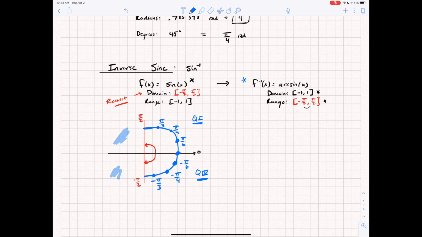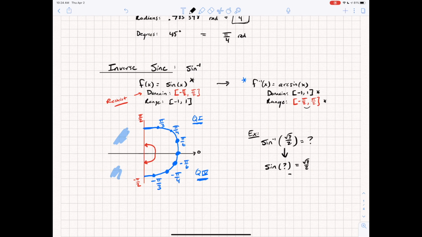So for example, let's say I wanted you to find inverse sine, so I'll write it this way, inverse sine of, say, radical 3 over 2. And I want to know what this is equal to. Well, what this is essentially asking is: sine of what angle will give me root 3 over 2?